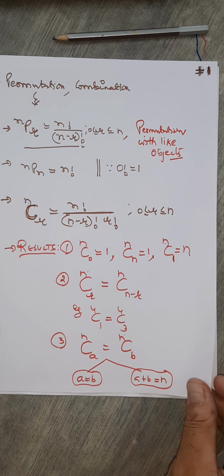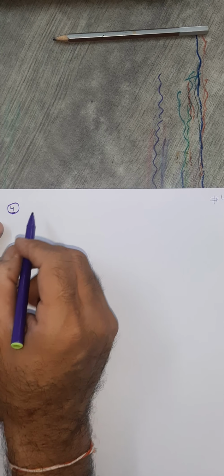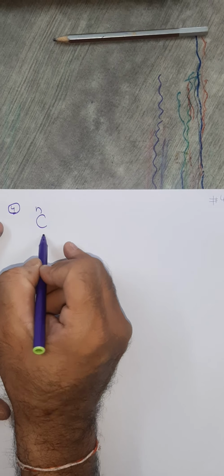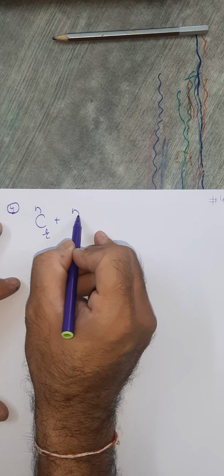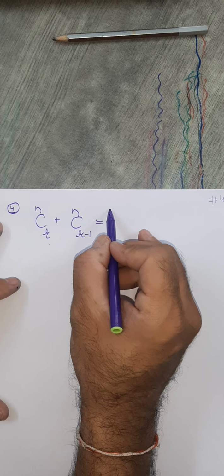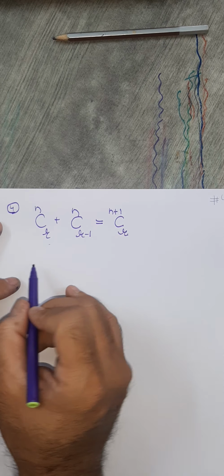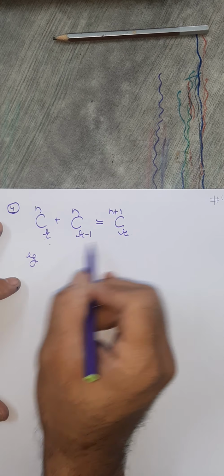Then one more result we had was about addition, a very important result. If you have nCr plus nC(r minus 1), where the difference should be 1, then the summation is (n plus 1)C, the bigger of these two, which is r.